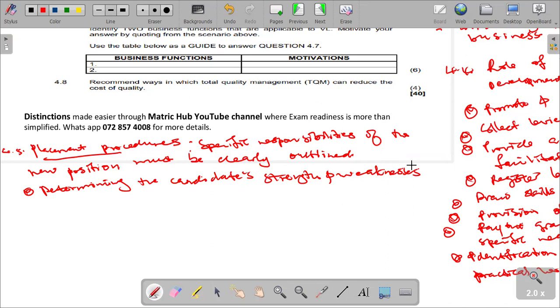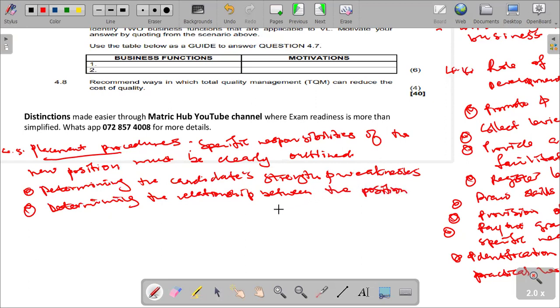And then determine the relationship between the position and the competencies of the new candidate.